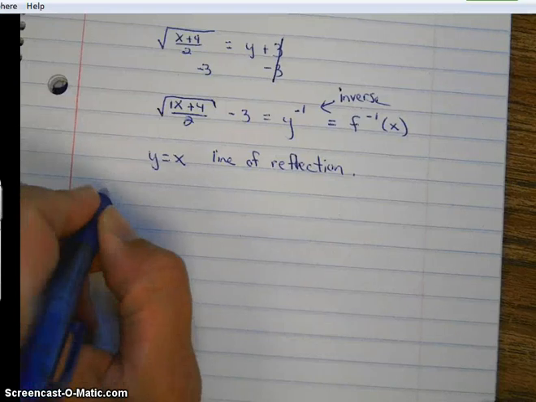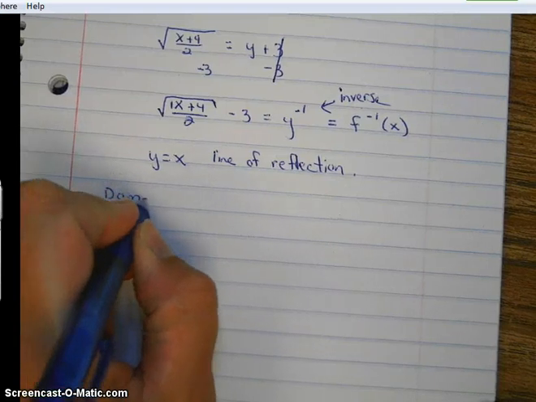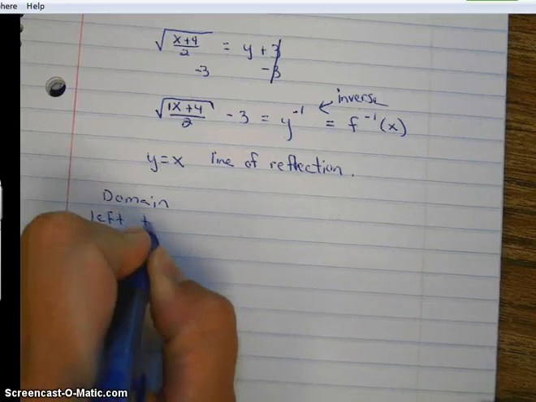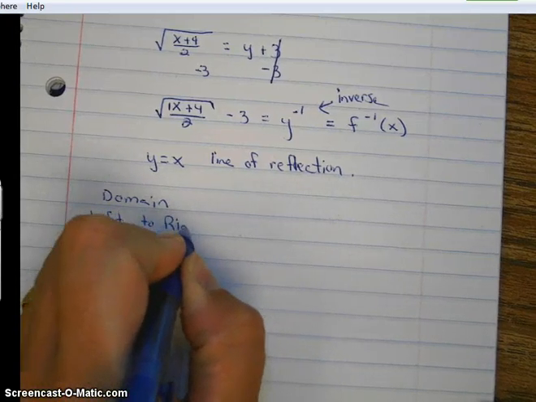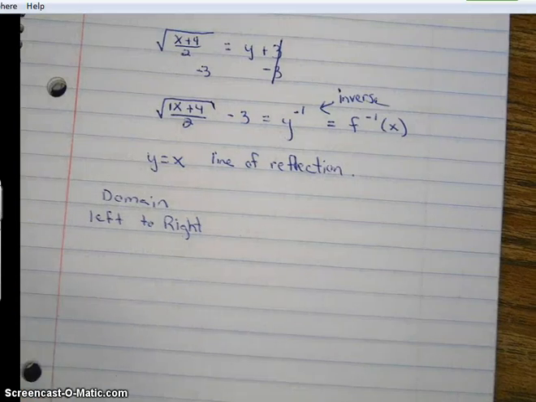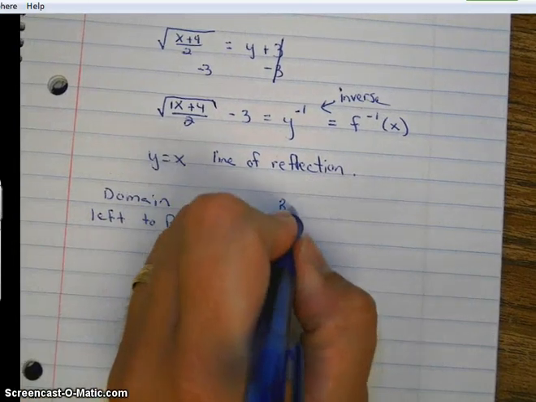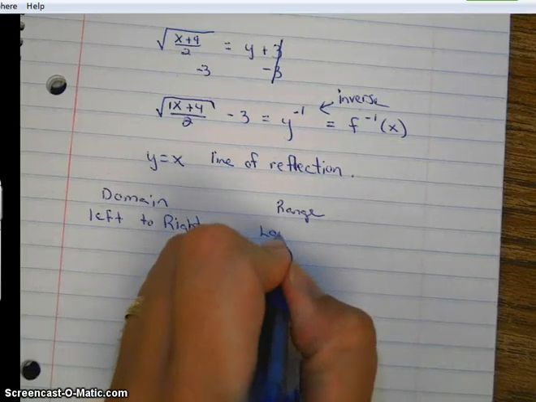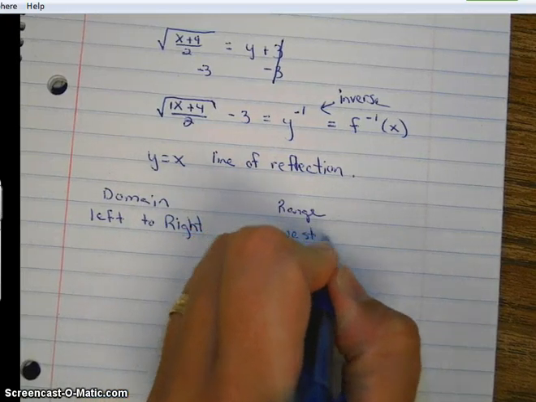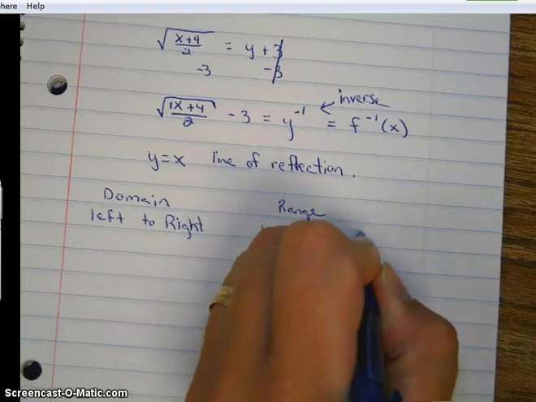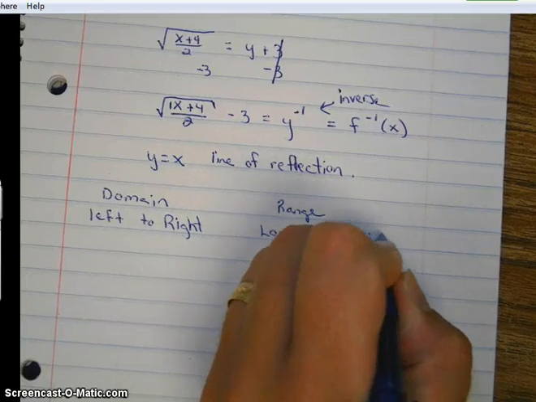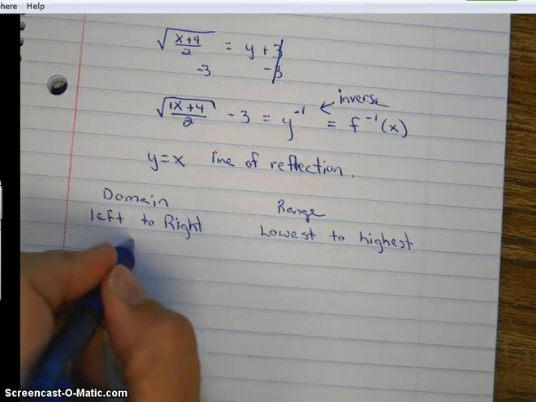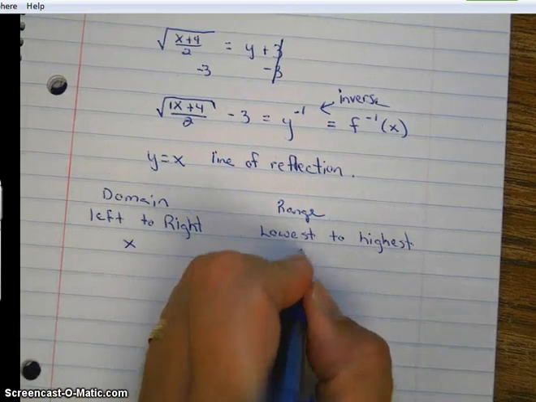So, domain is left to right. Range is lowest to highest. Domain is x, range is y.